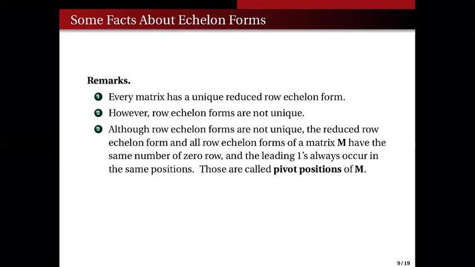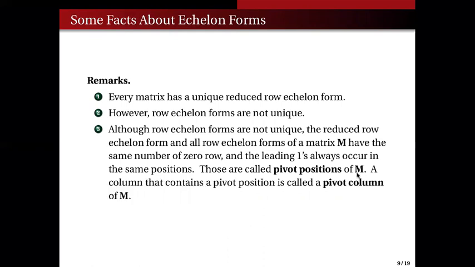And there is a name for that. We call them pivot positions of M. So the pivot positions are the locations of the leading ones. And of course, a column that contains a pivot position is called a pivot column.